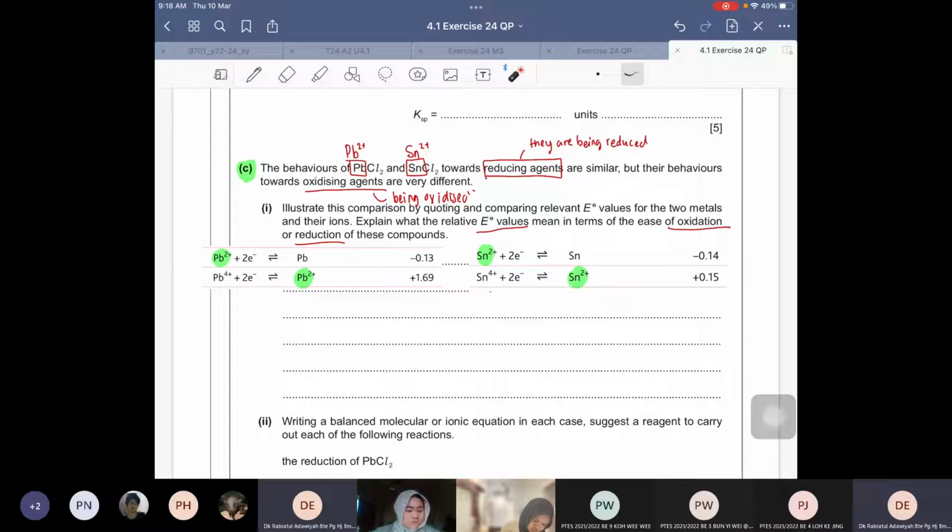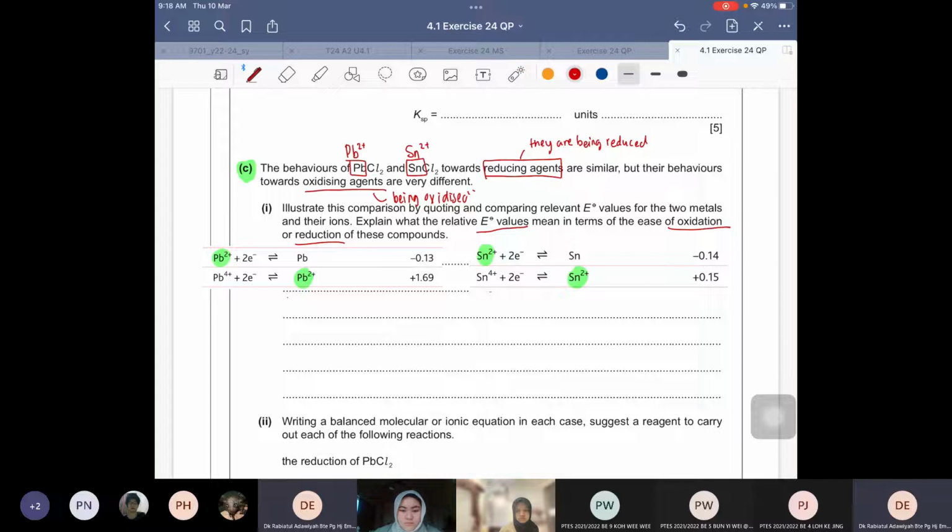All right. Okay, so how do we comment on the value? First we talk about the ease of reducing. Why the statement says that they behave the same way towards the reducing agent.